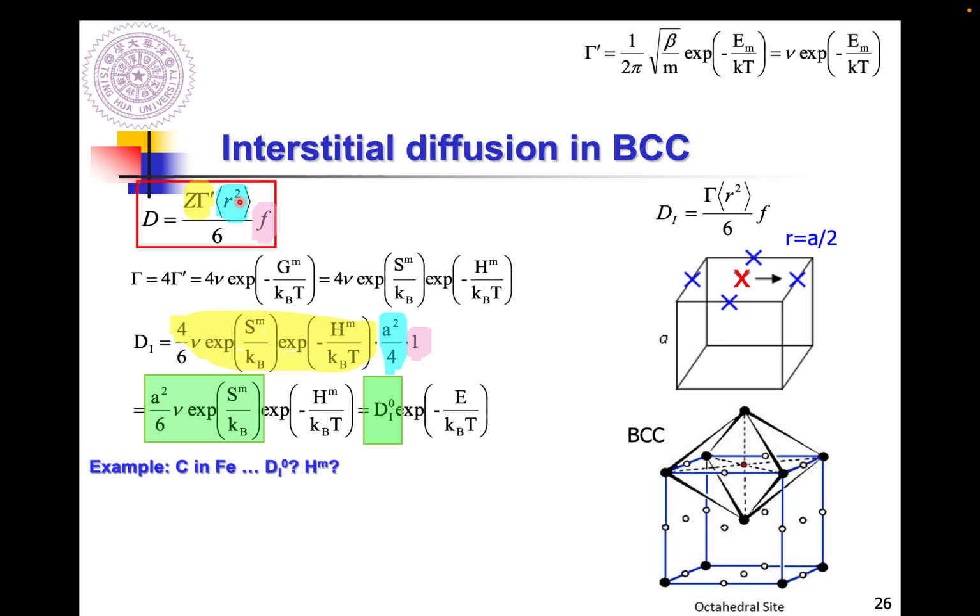You put every parameter in, and finally you get D equals a squared gamma prime divided by 6.